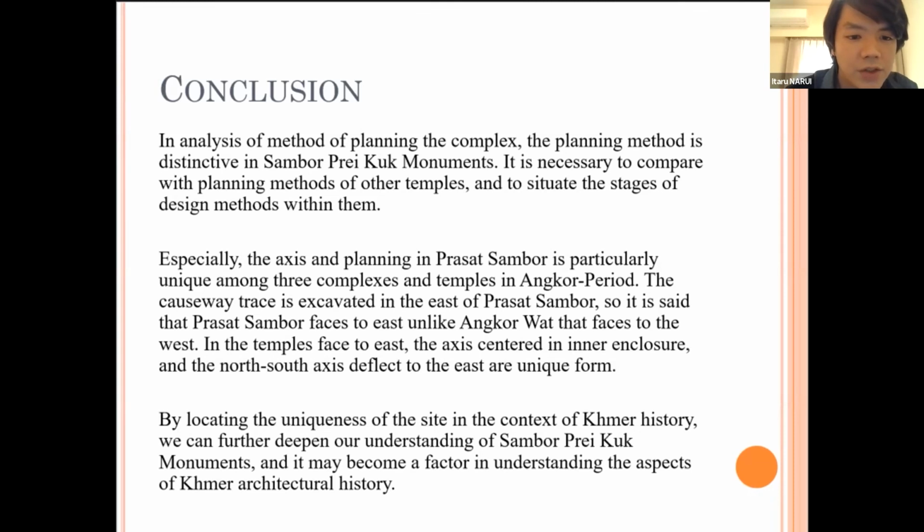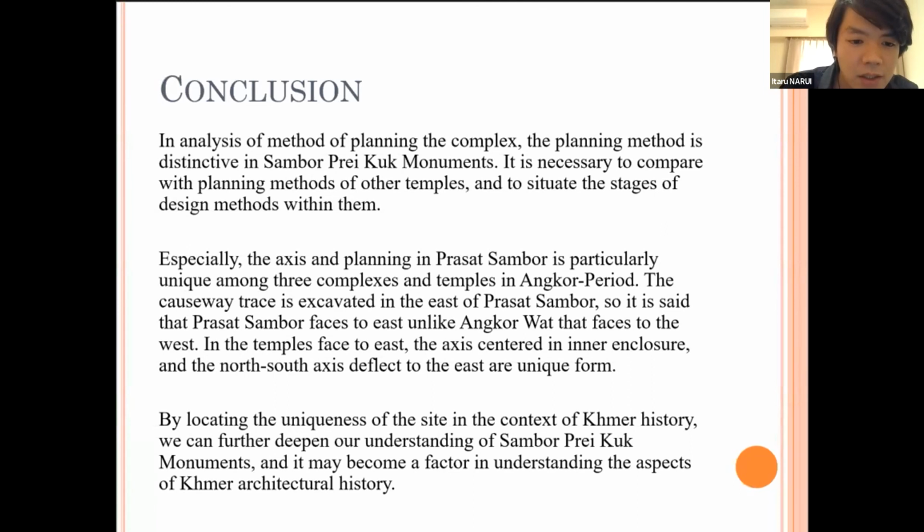The causeway trace is excavated in the east of Prasat Sambor, so it is said that Prasat Sambor faces east, unlike Angkor Wat, which faces west. In the temple facing east, the axis is centered in an enclosure, and the north-south axis deflects to the east uniformly.